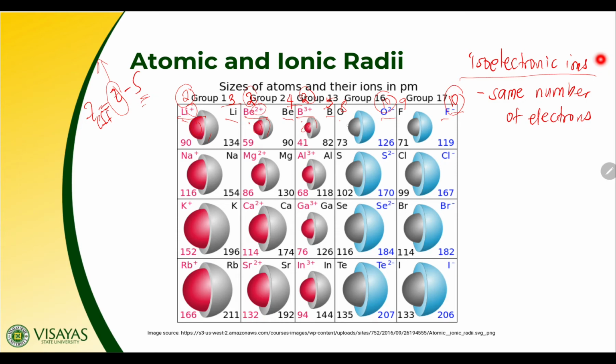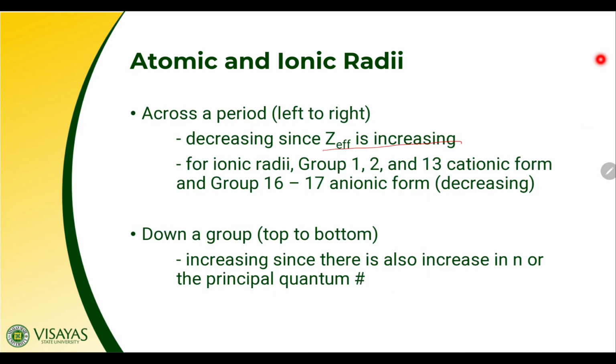What happens to oxygen when it accepts 2 electrons? There is way more repulsion as compared to fluorine. That is why for the isoelectronic anions, the higher the negative charge, the larger the repulsion, the larger the size. Okay? So that is the trend for ionic radii, from left to right. Okay.